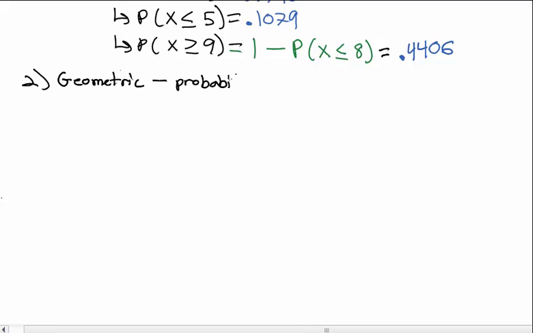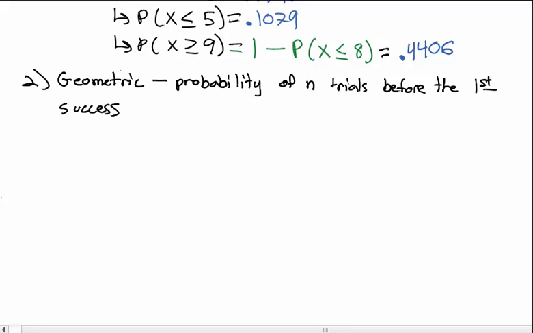Probability of n trials before the first success. And the way we show that the random variable x is a geometric, the only thing we care about is the probability of a success on any given trial.